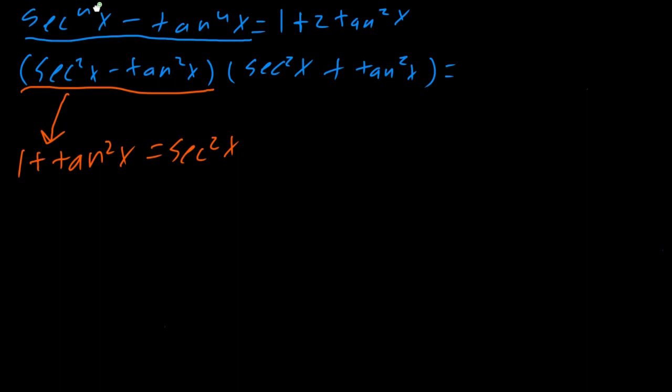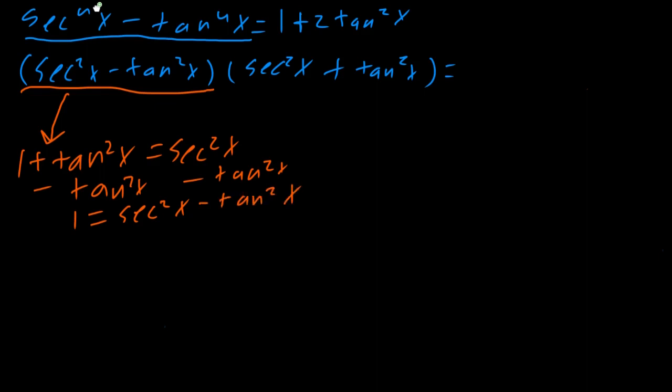If we subtract both sides by tangent squared of x, we're left with 1 is equal to secant squared of x minus tangent squared of x. So secant squared of x minus tangent squared of x is just equal to 1.